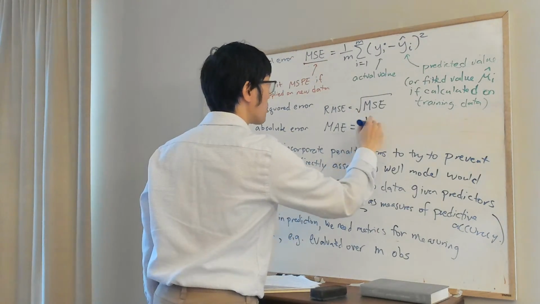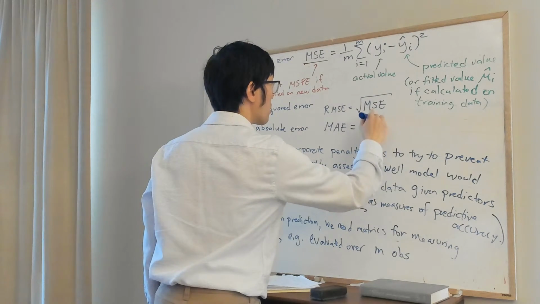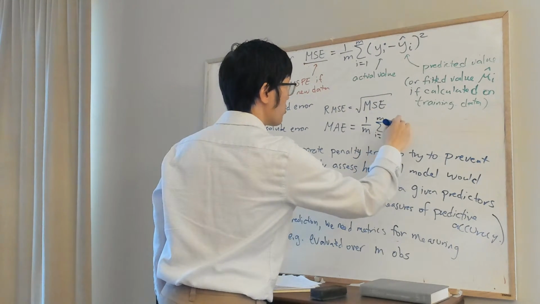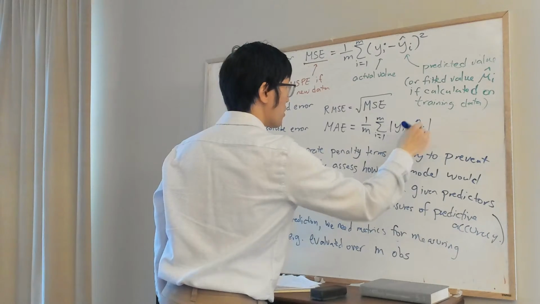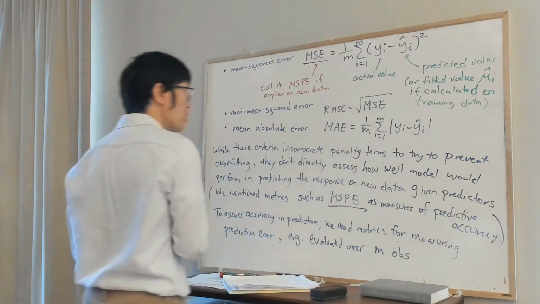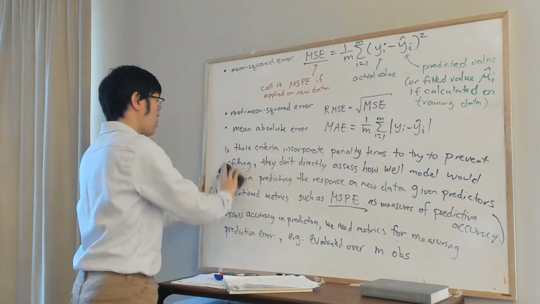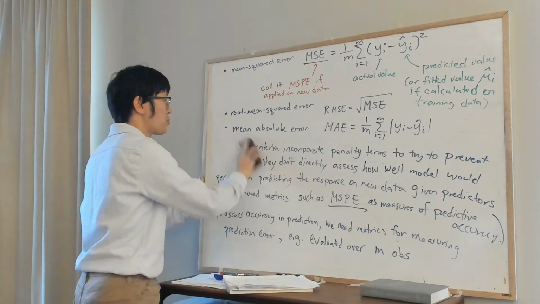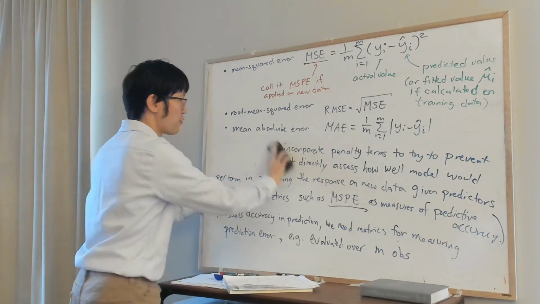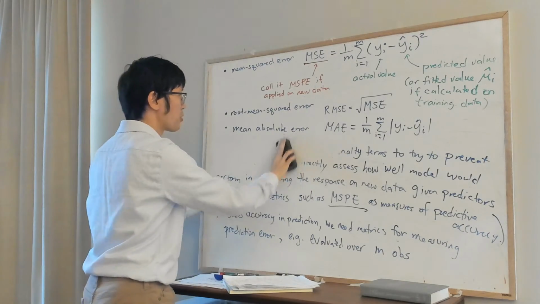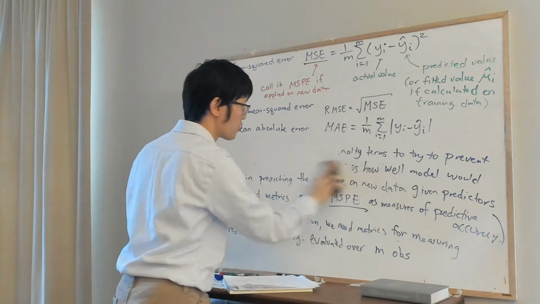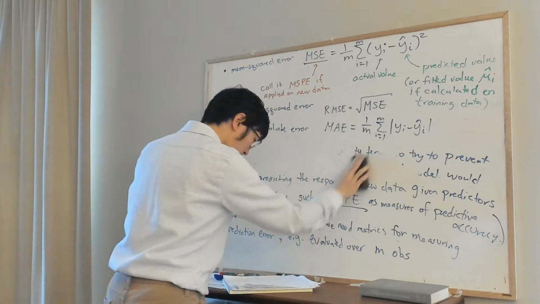So it would look like this: yi minus y hat i, absolute value. So there are various metrics that we can use for assessing how well the model does on predictions.